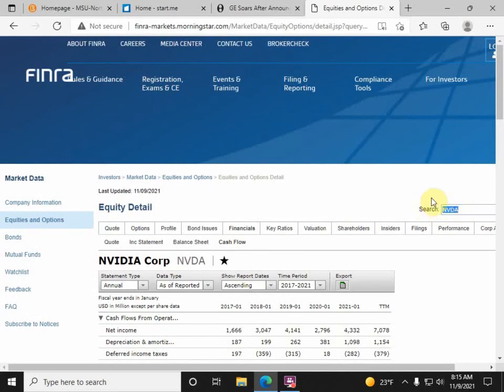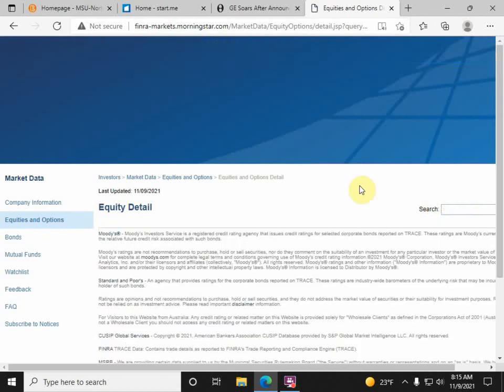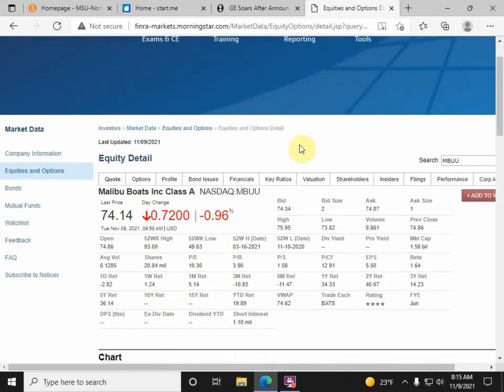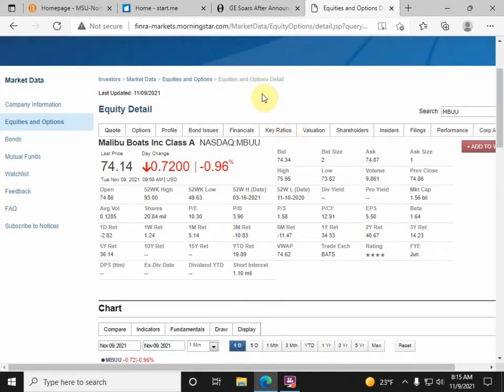The other one I wanted to look at today was Jake's company. So Malibu Boats. Tiny company, right? Well, $770 billion was the market cap for Nvidia, $1.56 billion. Most of us would say we take $1.5 billion. That's a pretty good-sized company, but compared to Nvidia, this is just tiny, right?